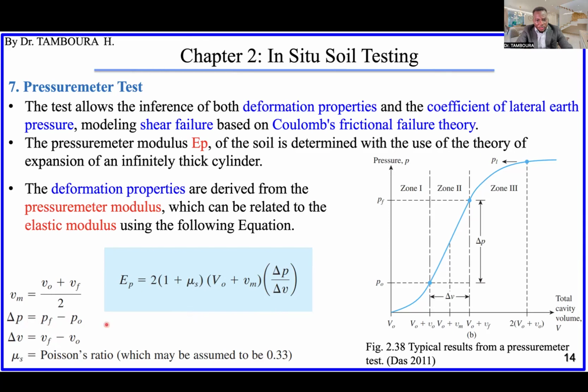Delta P was already explained. Delta V, already explained also. And the Poisson ratio, mu, is sometimes around 0.33. This is a common value for soil, for sandy soil mainly.